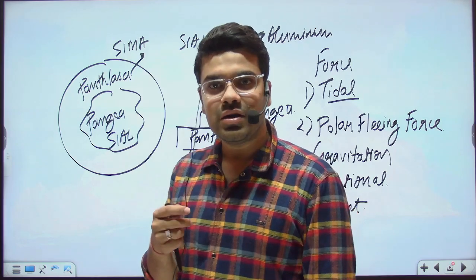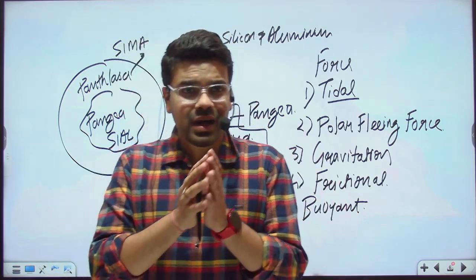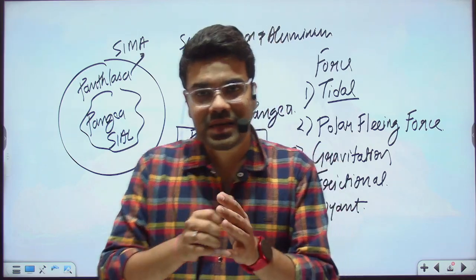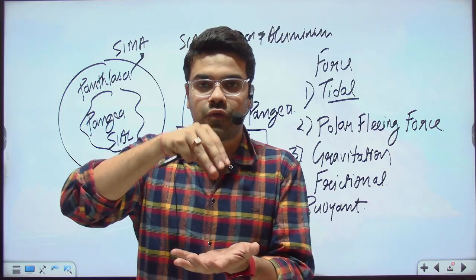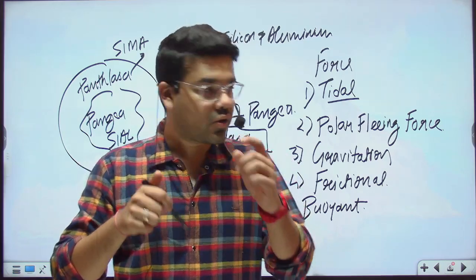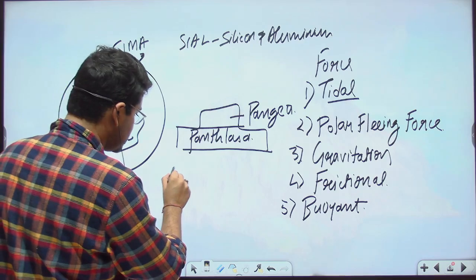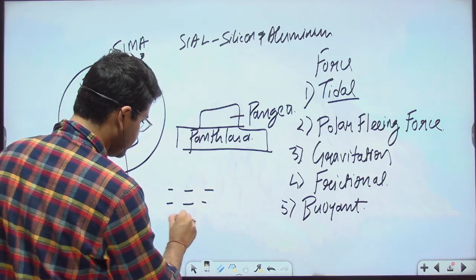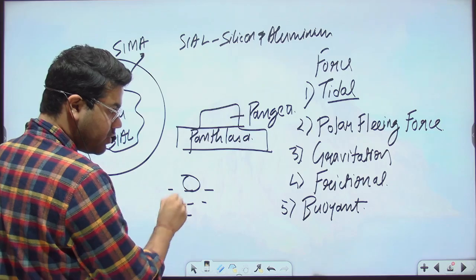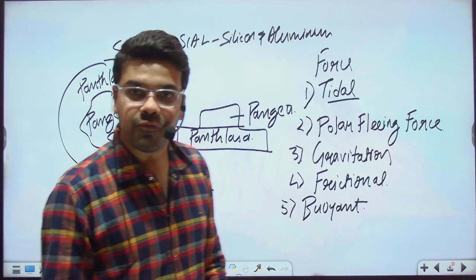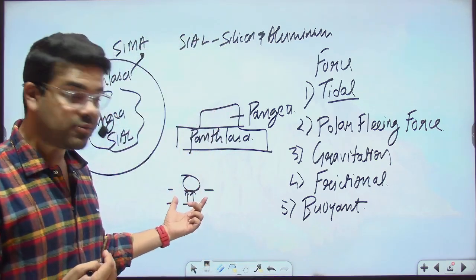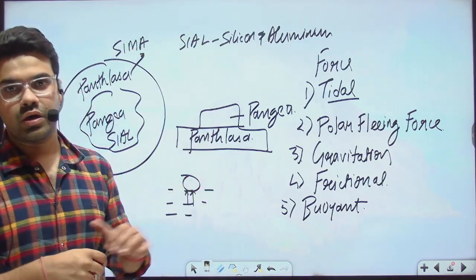What does it say? Why does an object float over a water body? Suppose this is a water body and something is floating over it. Why is it floating? Because there is always an upthrust, an upward force, exerted by the liquid on this object.